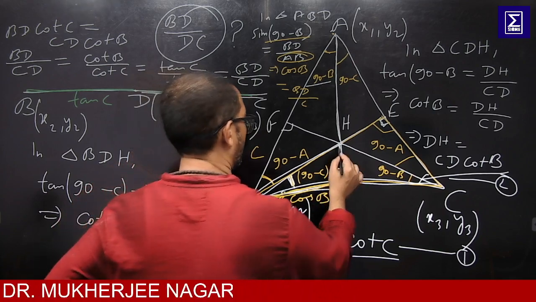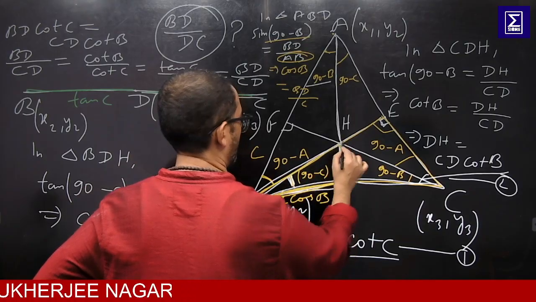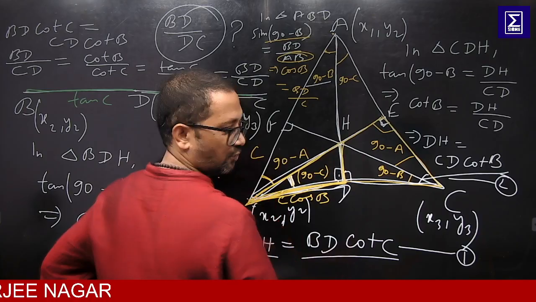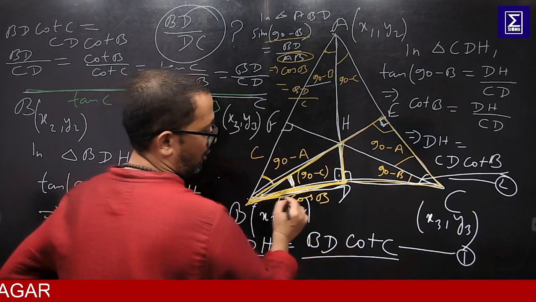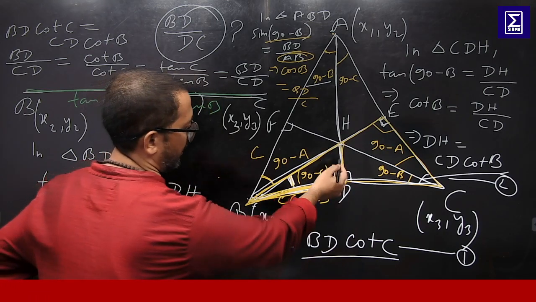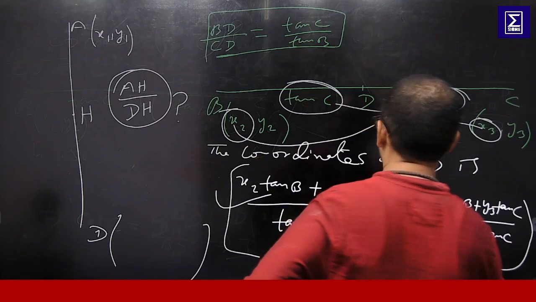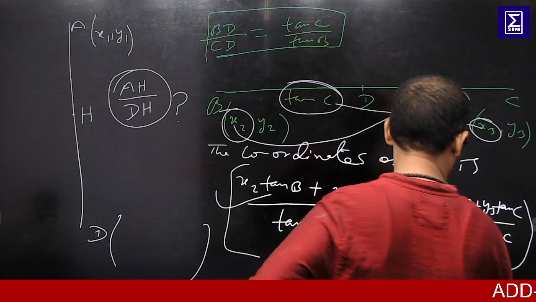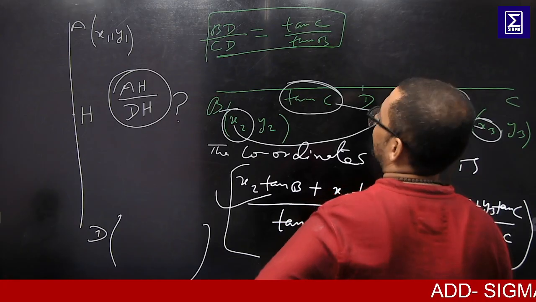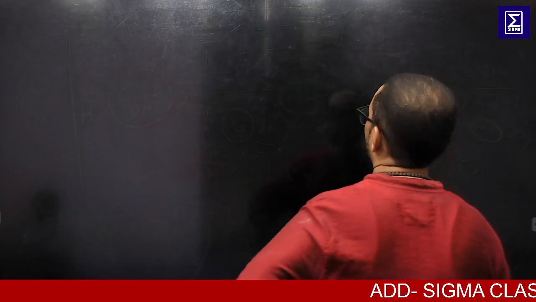Now in triangle DBH, this is c cos B. So we can get DH. Moving to the next slide.